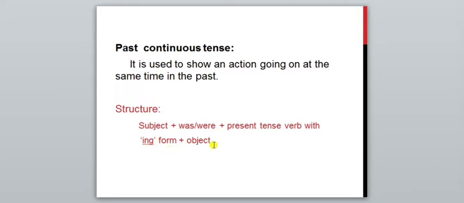Present tense verb with ing and the object. In every sentence, you just have to change the verb and the object. You can make a lot of sentences by using the same structure, by changing the present tense verbs and the objects.